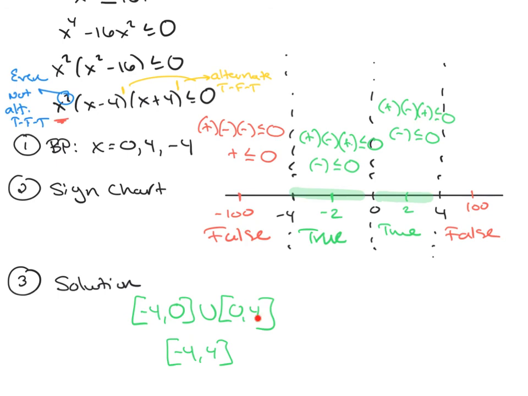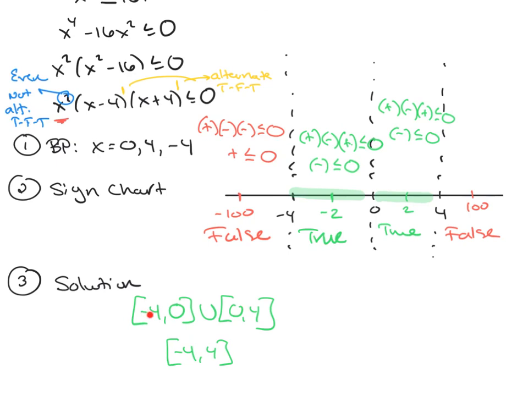Because what the first set of intervals means is every number between negative 4 and 0, including negative 4 and including 0, combined with every number between 0 and 4, including 0 and including 4. Well, sure, that's just everything between negative 4 and positive 4, including the negative 4 and the positive 4.